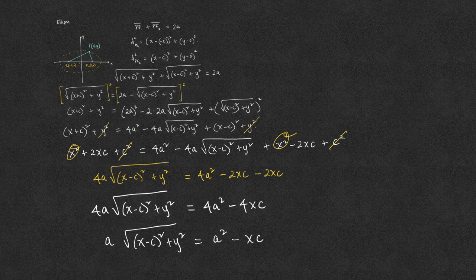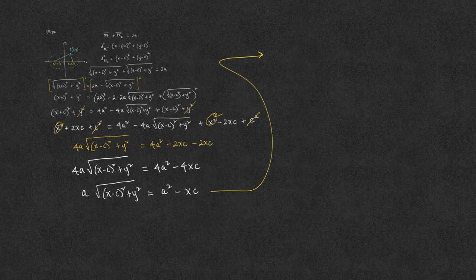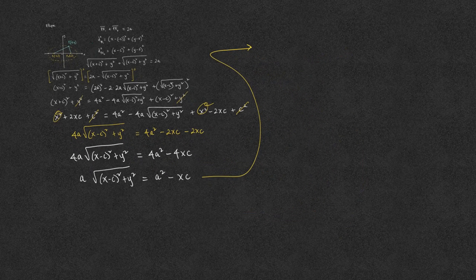We then square both sides again. The left-hand side is now a squared times the quantity x minus c squared plus y squared, but this should be in brackets, equals a squared minus xc, the quantity squared.